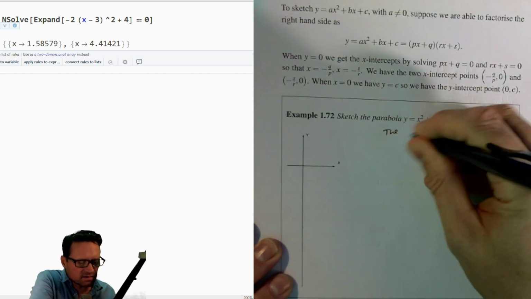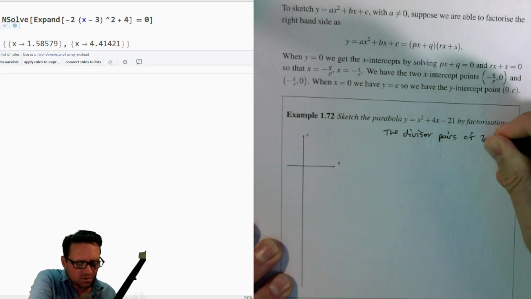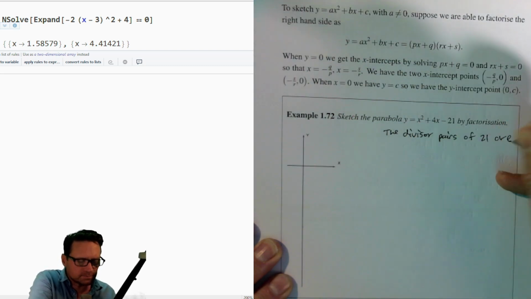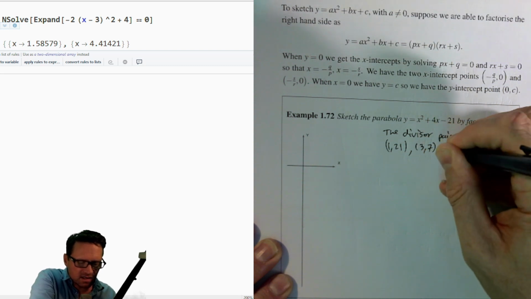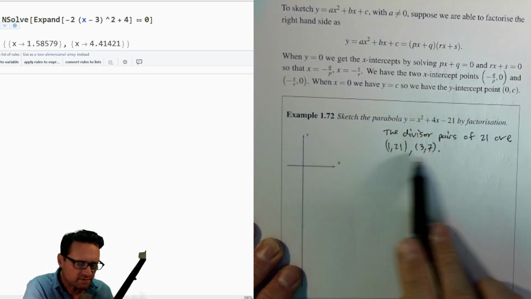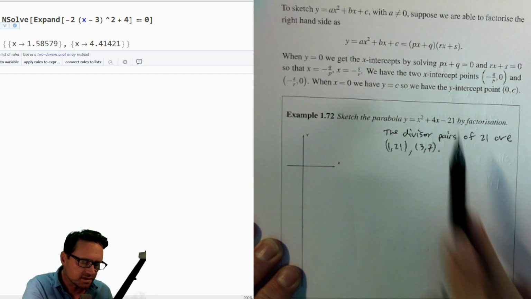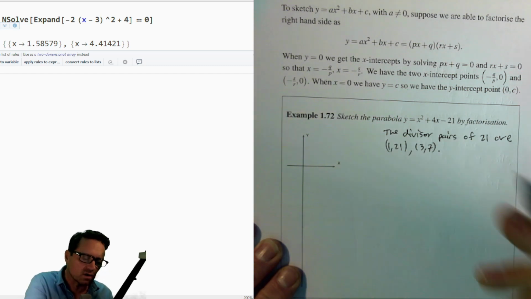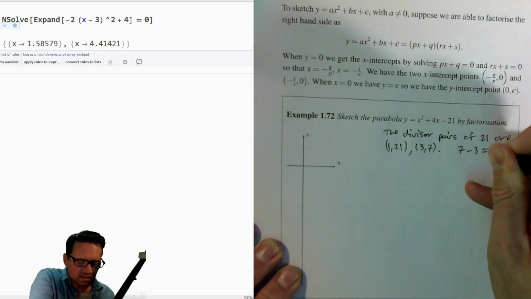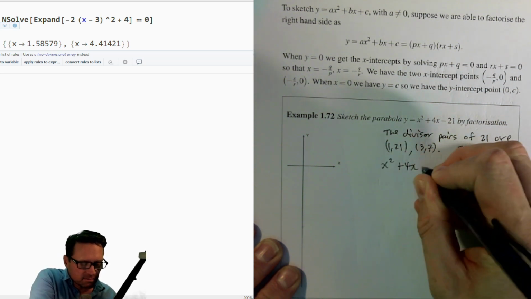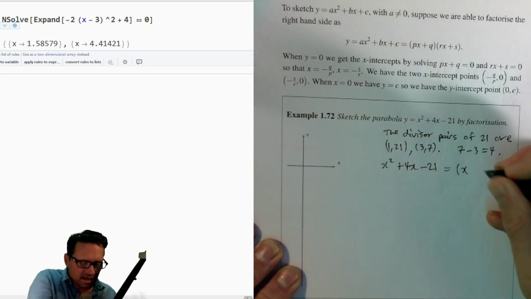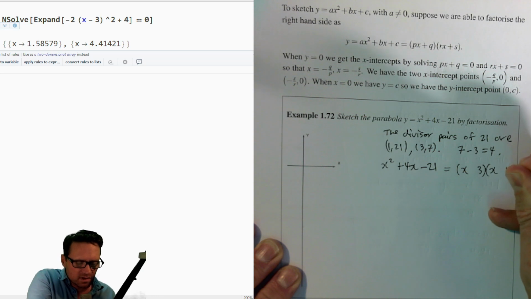So the divisor pairs of 21 are 1 and 21, and 3 and 7, and that's it. Now I'm looking for which one of these has a difference of 4, because I've got a minus 21 there. So 7 minus 3 is 4. So I know then that x squared plus 4x minus 21 has x with a 3, x with a 7.